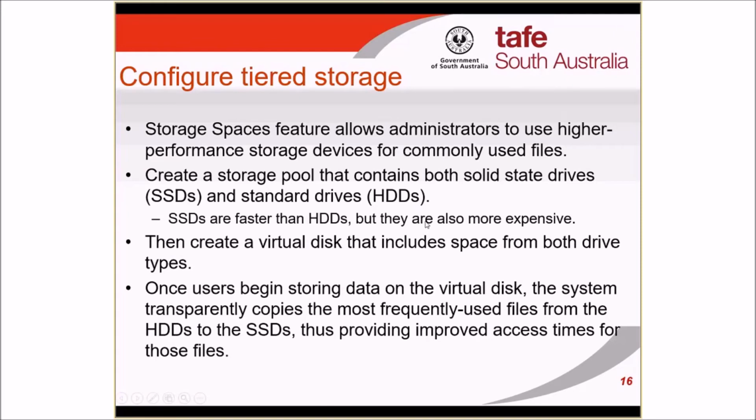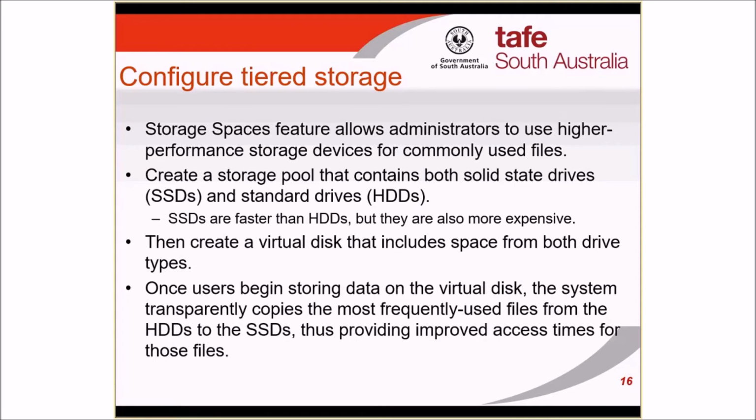Because we all know that SSDs are more expensive. HDDs give you a lot more capacity and are usually cheaper. So why store everything equally? We know not all files are equal. People don't use all files exactly the same way. So we store the highly accessed ones on the SSDs because people are using them, and we store the ones that people don't use as much on the normal regular hard drives.